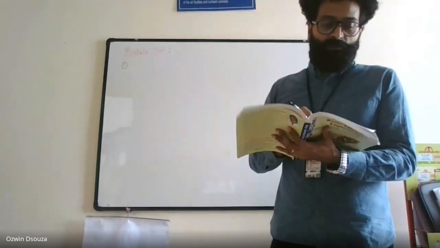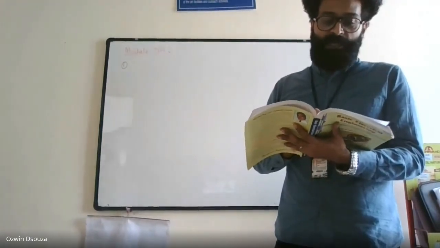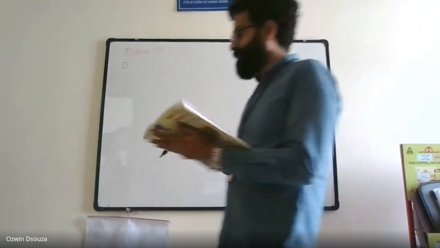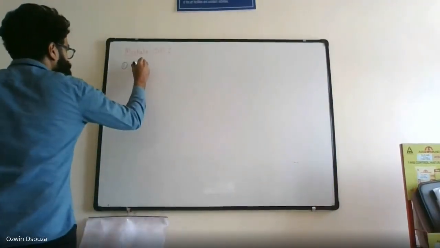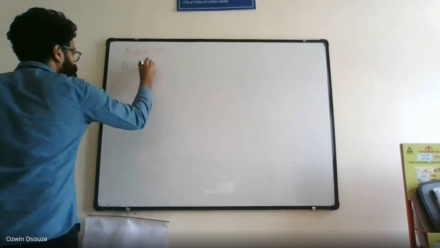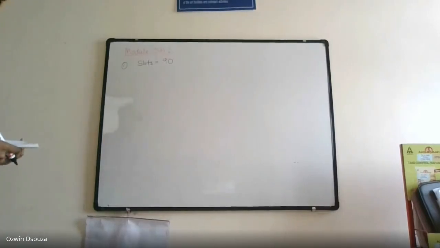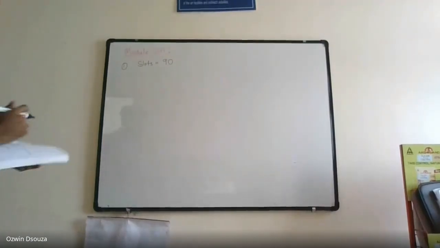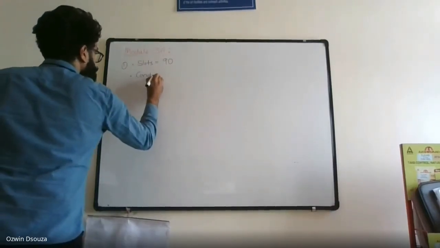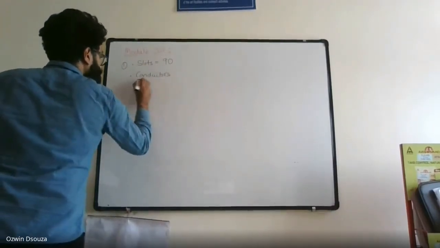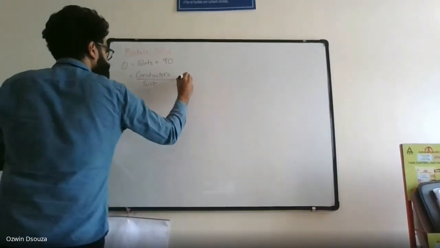A 6-pole, 3-phase, star-connected alternator has an armature with 90 slots. So I will write down only the important data. Okay. So number of slots is equal to 90 and 12 conductors per slot. So next data is conductors per slot is 12.